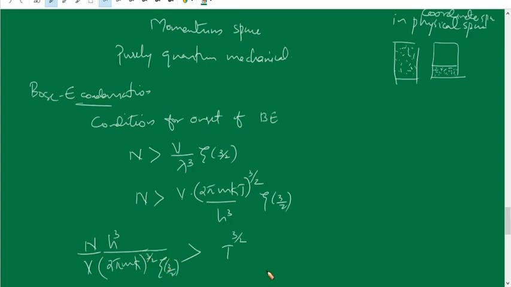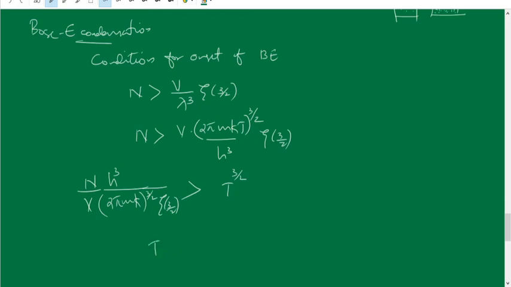Or we can write T cube is less than this thing, so T is less than n by V, zeta of 3 by 2 whole raised to 2 by 3, h cube by 2 pi m k whole raised to 3 by 2.